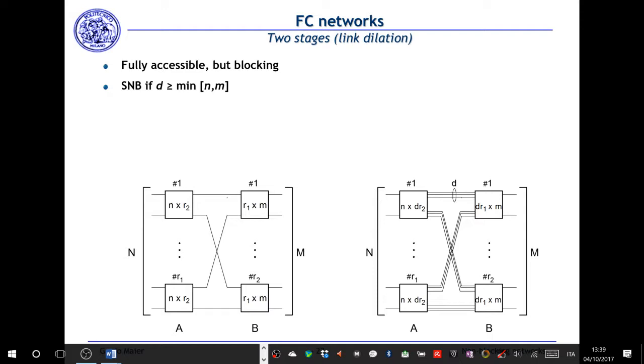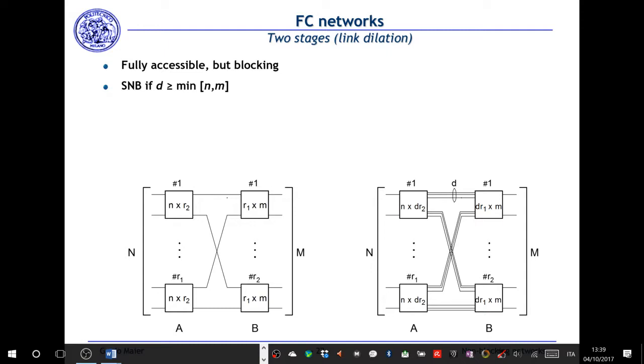Here, each bundle of d links is dedicated to a specific pair of matrices in the first and second stage. If d complies with that condition, then you will never have internal blocking. Okay. So basically, this is a strictly non-blocking network and strictly non-blocking architecture.